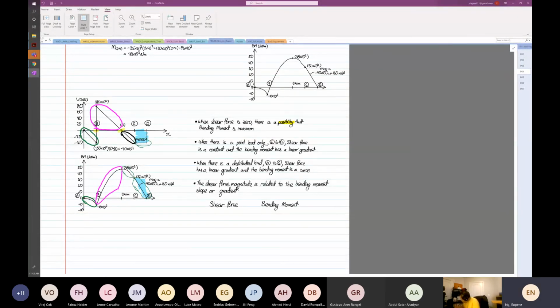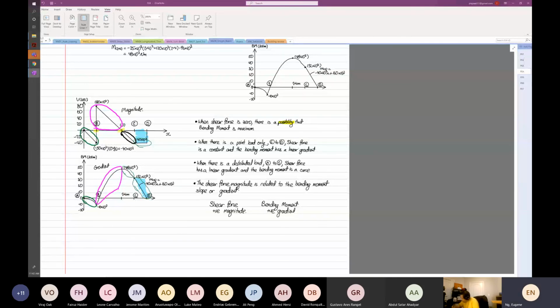So when the shear force is positive magnitude, the gradient is also positive, as you can see down here, right? It's positive. So this is positive magnitude, then the slope down here, the gradient, is positive.